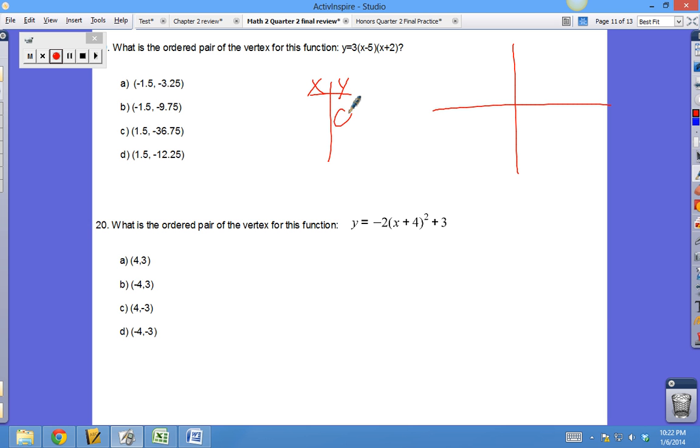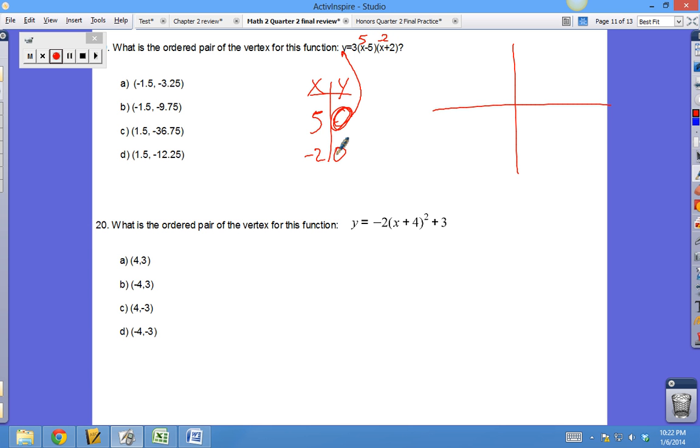I want 0 for my answer. The question is, what do I plug in to make the answer 0? I'm going to plug a 5 in for x, because 5 take away 5 is 0. And I'm going to plug a minus 2 there, because minus 2 plus 2 is 0.